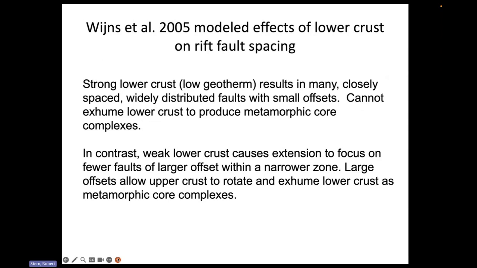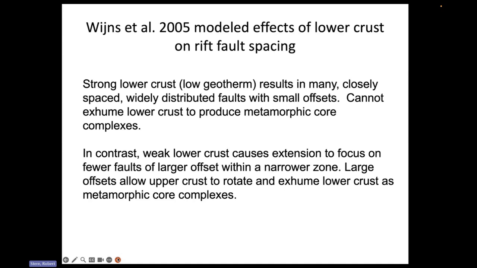So these models have been investigated for their effects on rift fault spacing. And so this study said that strong lower crust, that is a low geotherm, results in many closely spaced, widely distributed faults with small offsets.